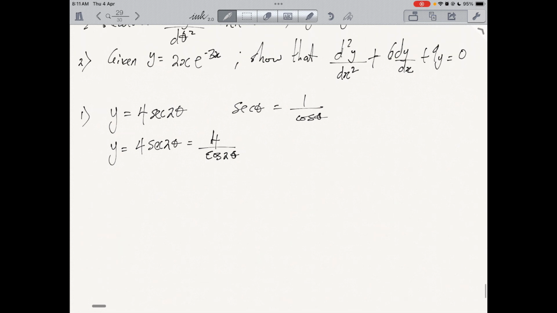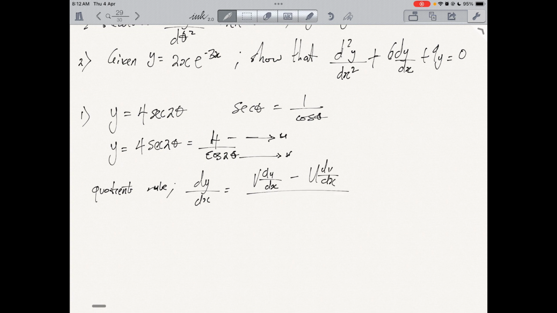Now, to solve this, we go back to our quotient rule. So we have this to be u and we have this to be v. If you recall from quotient rule, we have that dy/dx is equal to (v du/dx minus u dv/dx) divided by v squared.